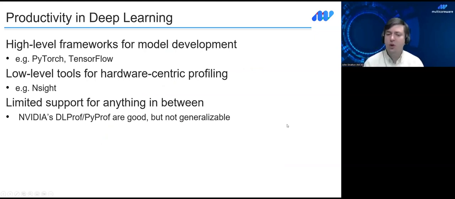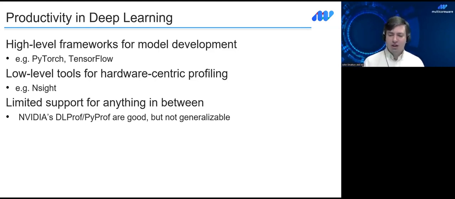The other one that we're looking at moving forward into the future is productivity and deep learning. Obviously, people care a lot about deep learning efficiency and deep learning applications. There are lots of exciting things going on there. But if you look at the landscape overall, if you care about the performance of these systems, you've got high-level frameworks for model development, which are the productivity environments. You've got low-level tools for hardware-centric profiling.